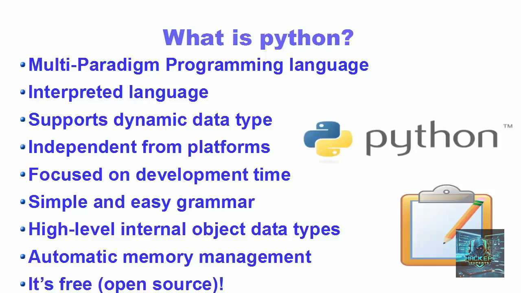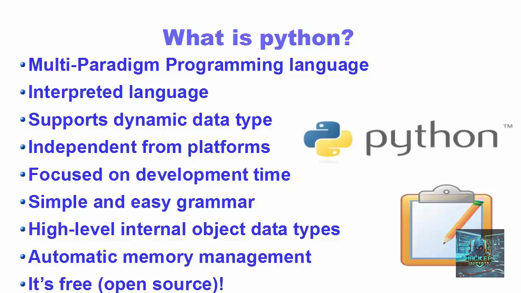Now, Python supports dynamic data types. And to understand this, we need to understand the difference between statically typed programming languages and dynamically typed programming languages. So statically typed programming languages do the type checking at compile time as opposed to runtime, and dynamically typed programming languages do type checking at runtime as opposed to compile time.